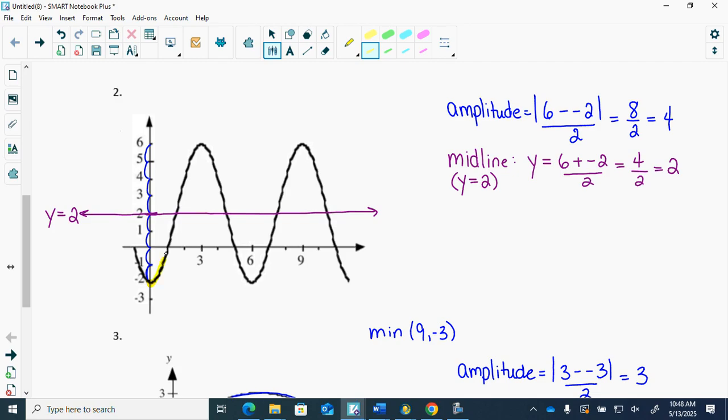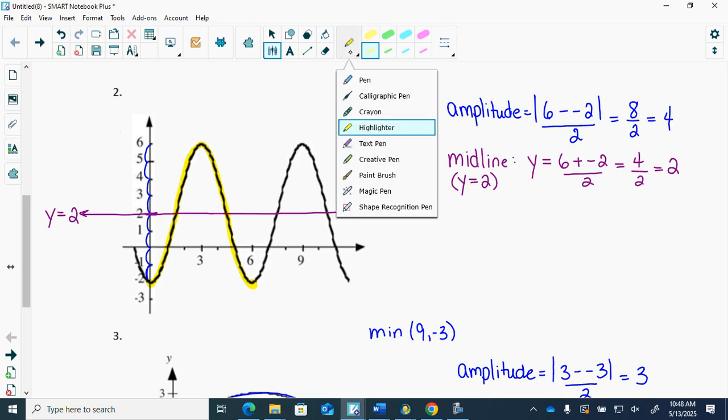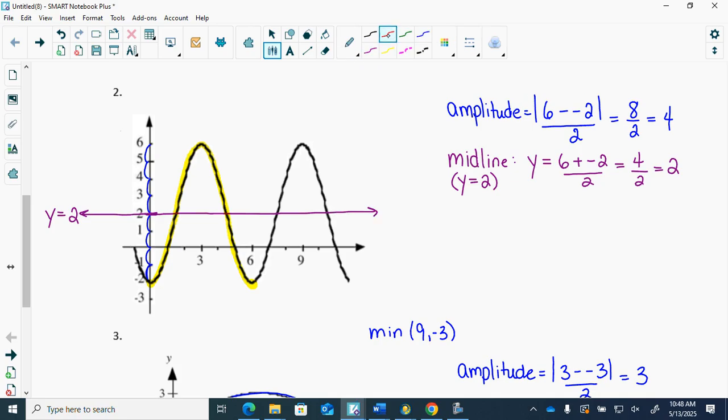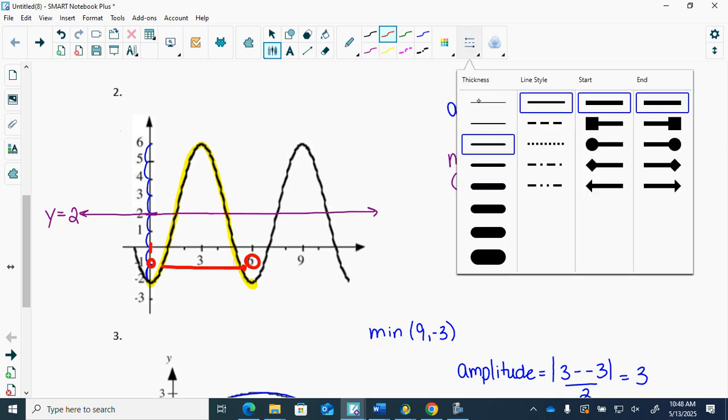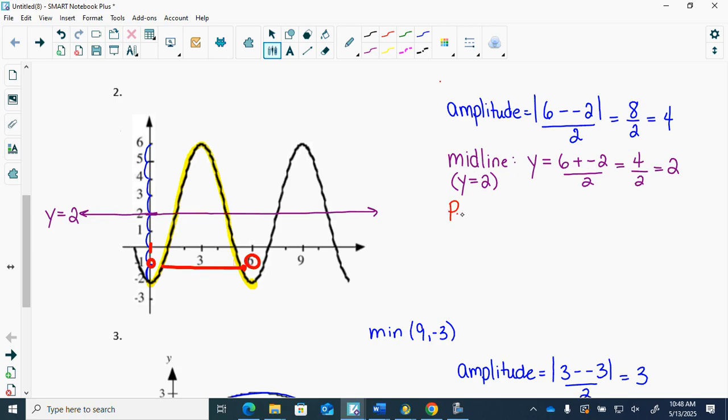So I can go from a min to a max, which is 3, and times it by 2 and say it's 6. Or I can just keep carrying on till I get to the next minimum, correct? So horizontally, that is 0 to 6, which is how much? 6. So the period equals 6.